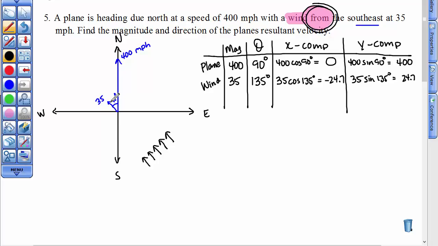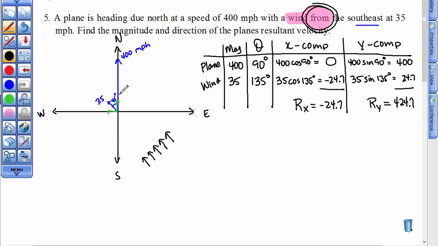So this vector is broken into this negative 24.7 and this positive 24.7. Finally, when you want to find the resultant, you add the x components up. So 0 plus negative 24.7 is negative 24.7. And for the y component, 400 plus 24.7 is 424.7 positive.